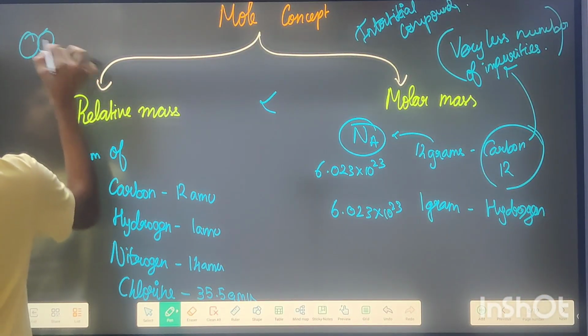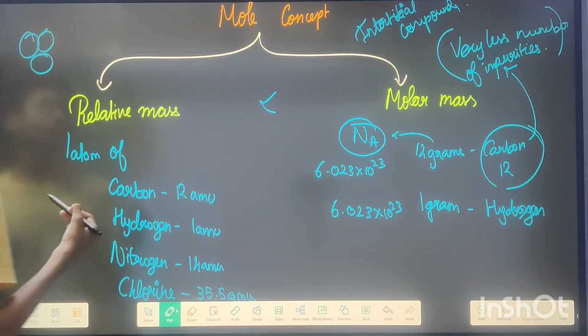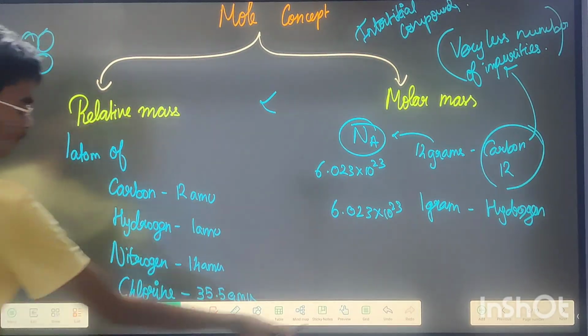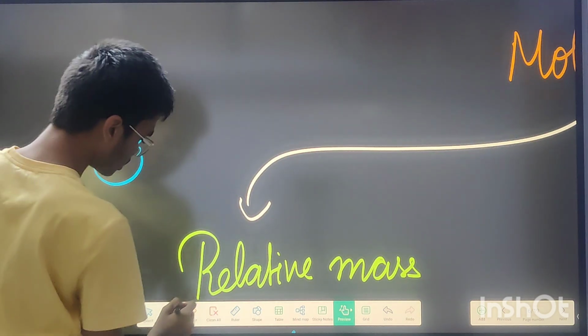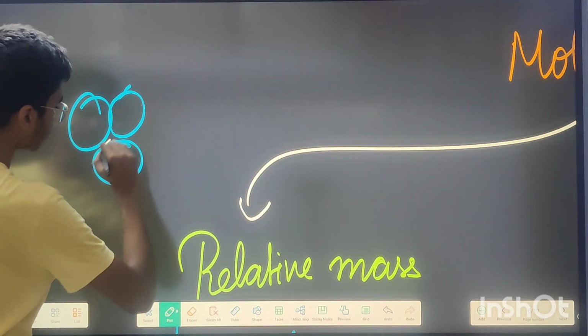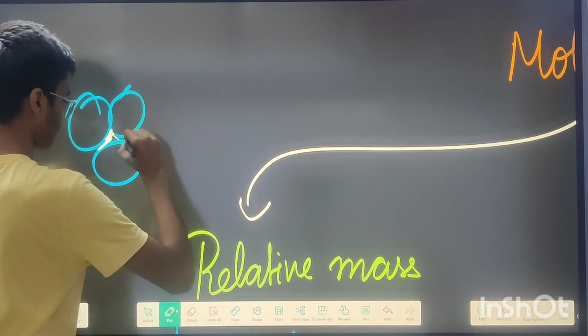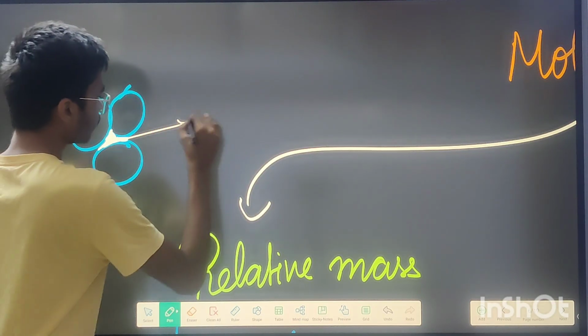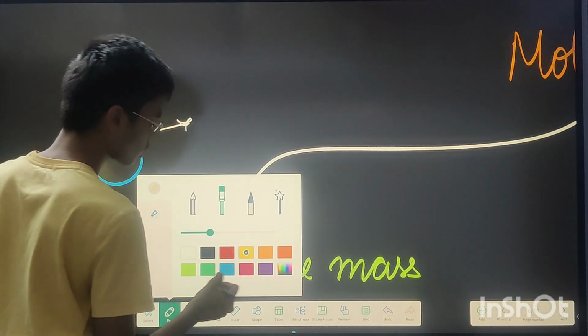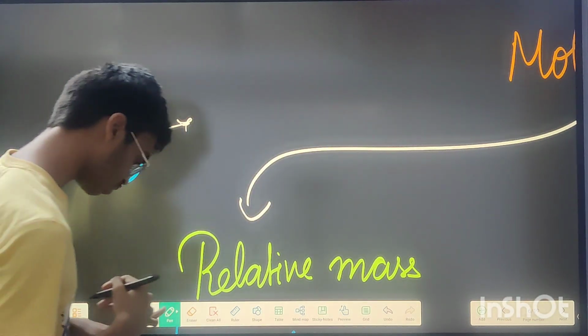This is one atom of carbon, this is another atom of carbon, this is another atom of carbon. Now you can see that between these there is a space, right? There is a space.